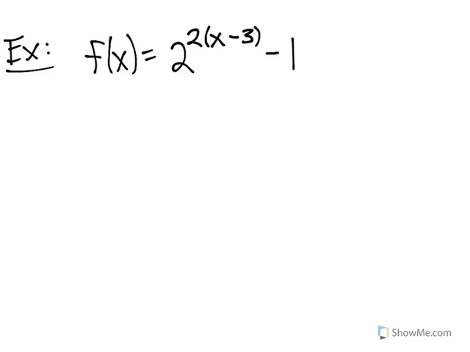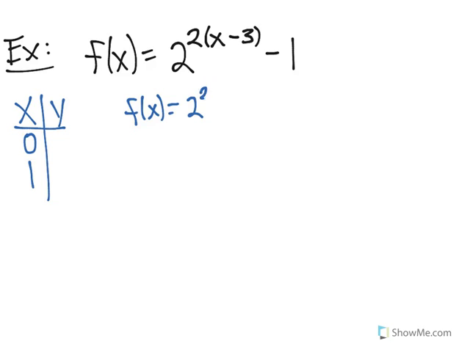So what we do is we start with our xy chart with 0 and 1, and we take our function and we ignore h and k. So this is h, this is k, and so we ignore those. So my new function that I'm going to start with is 2 raised to the 2x.